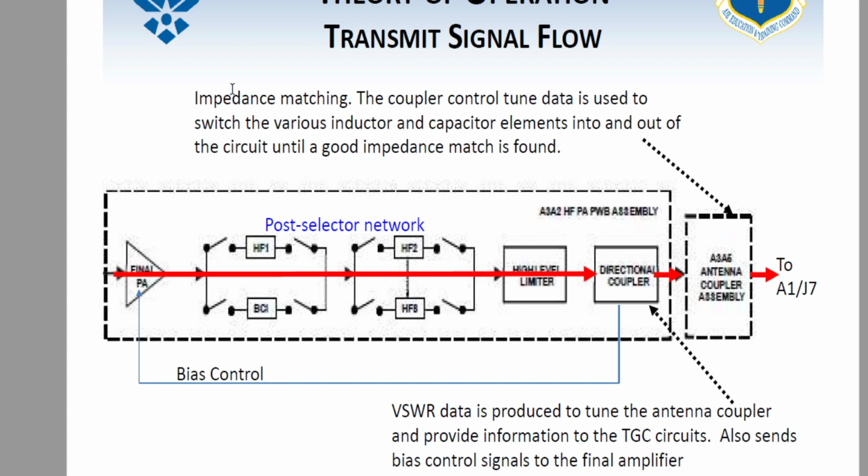Okay. It's also responsible for impedance matching, which is, the coupler control tune data is used to switch the various inductor and capacitor elements into and out of the circuit until a good impedance match is found. So what is impedance matching? What is impedance?